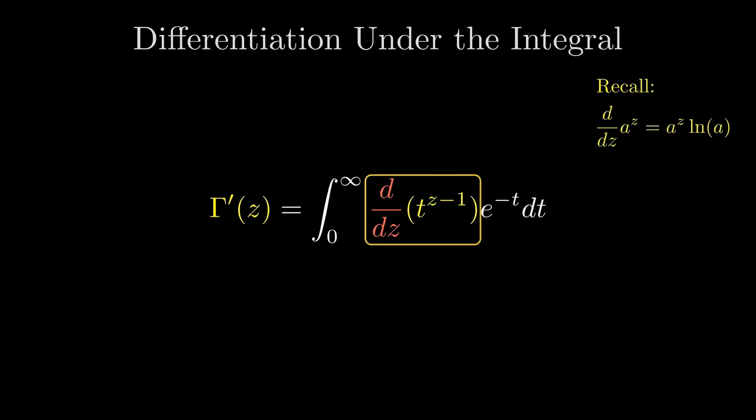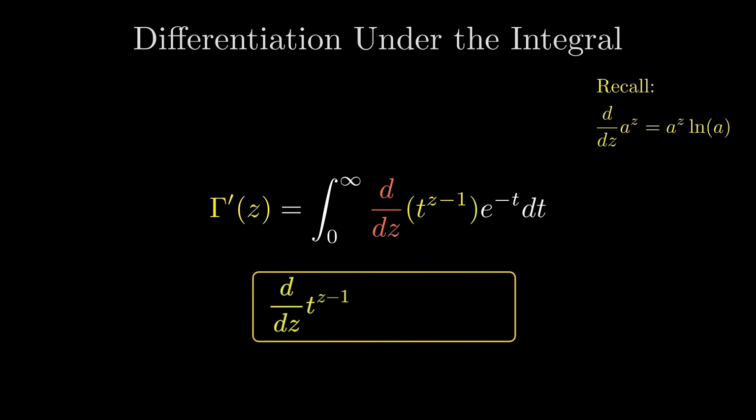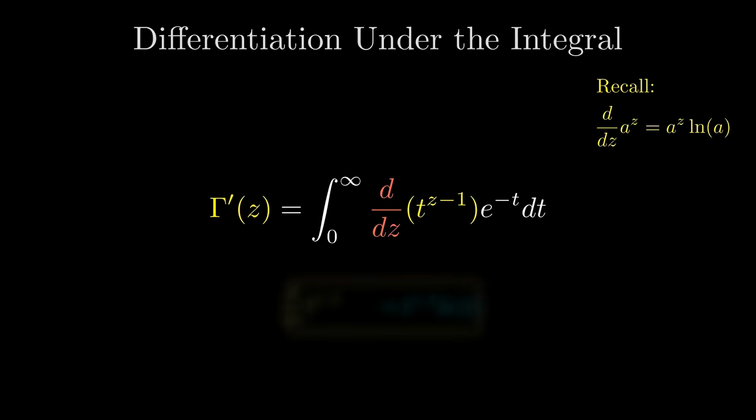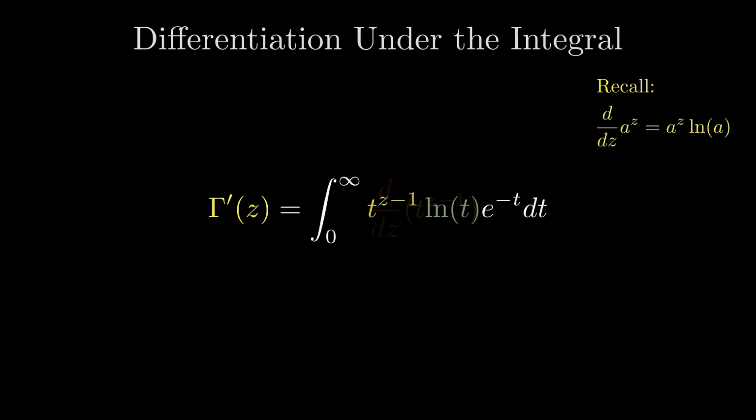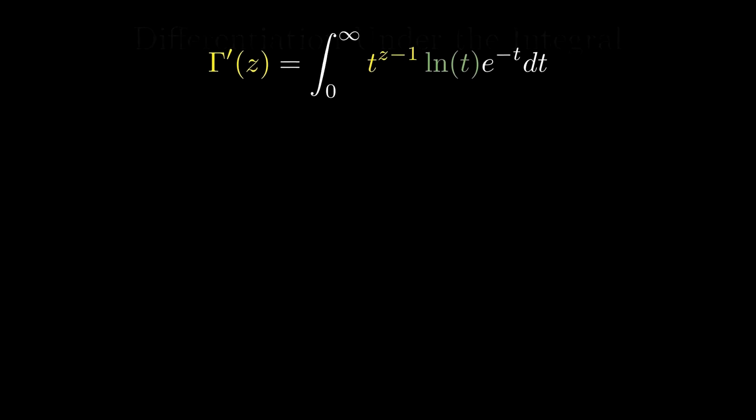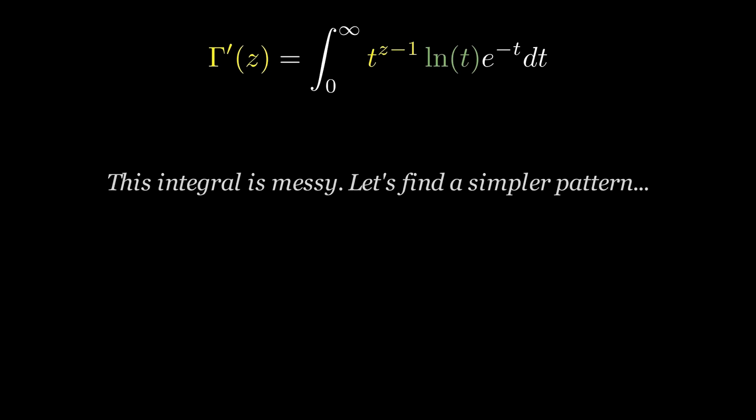Here's the key identity. The derivative with respect to z of t to the z minus 1 equals t to the z minus 1 times the natural log of t. So the derivative becomes gamma prime of z equals the integral from 0 to infinity of t to the z minus 1 times the natural log of t times e to the minus t dt. That's the exact slope, but it's not easy to simplify.